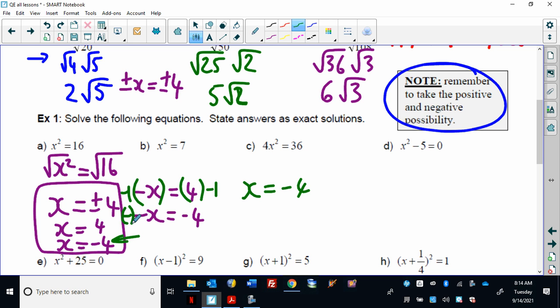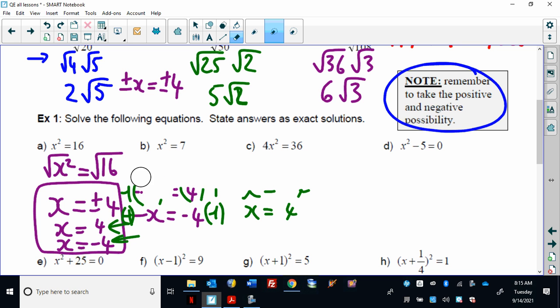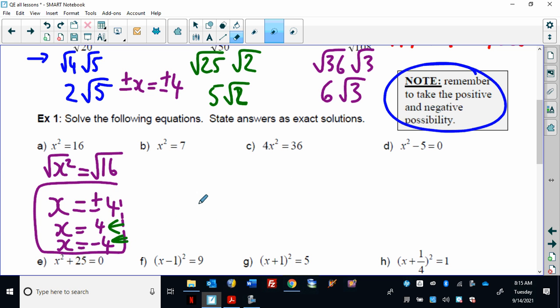I'd multiply both sides by negative 1, and I would get x equals positive 4, which again I already have. So you don't need to do both plus or minuses, because two of them will always be redundant. So that is why we only need to take the plus or minus of one side.